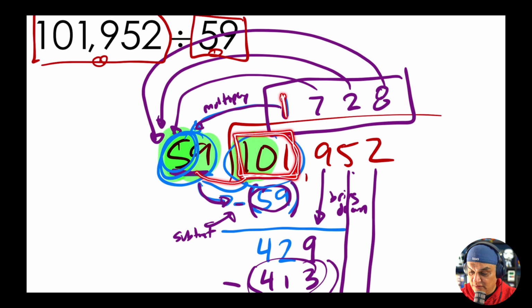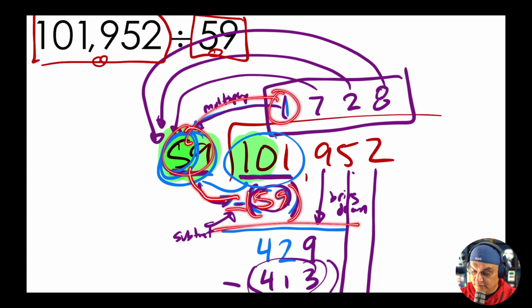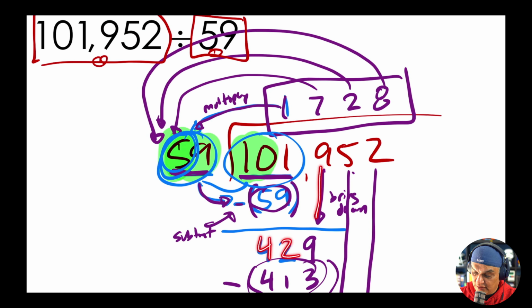So I put 1 here because 1 times 59 gives me 59. Then I subtract, get a result, and bring down the next term. And then I do the same thing. 59 goes into 429 7 times, and then 7 times 59, bring it down here, subtract, and so on and so on.